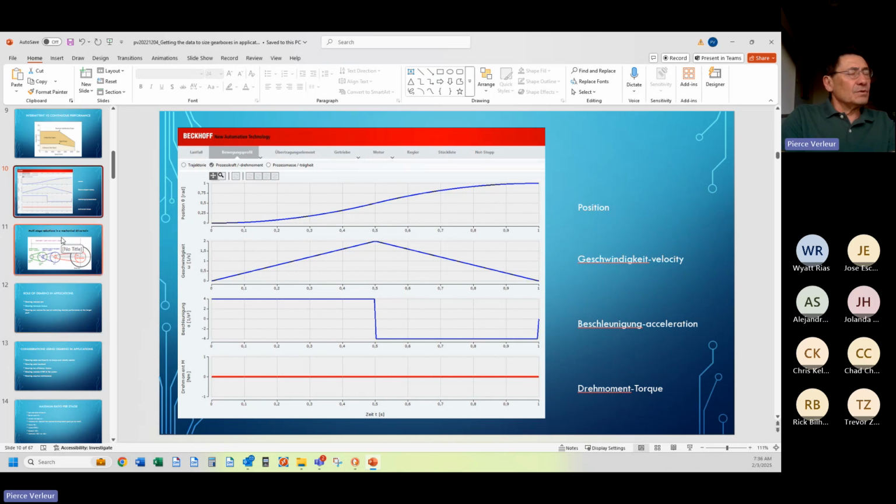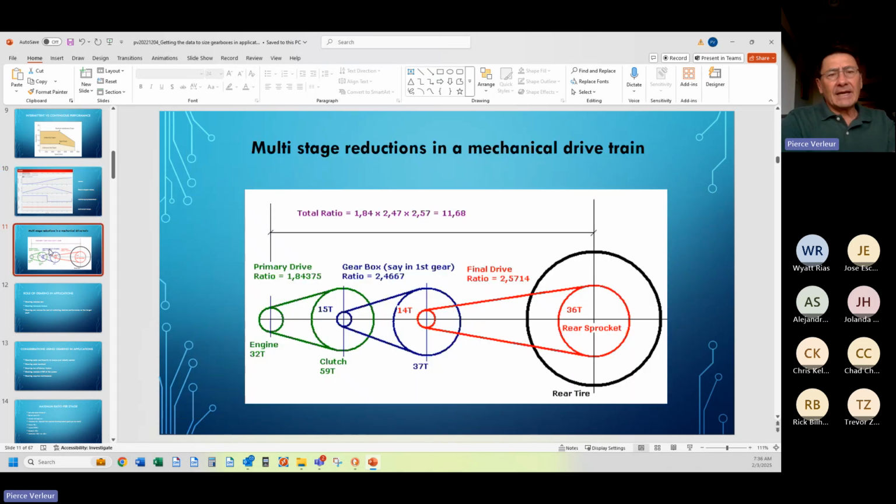Now, when we talk about gearing, we talk about reduction ratios. We talk about gaining mechanical advantage at the expense of speed. So, multi-stage reductions consist of several reductions within the gearbox. The total ratio is the product of all the stages.